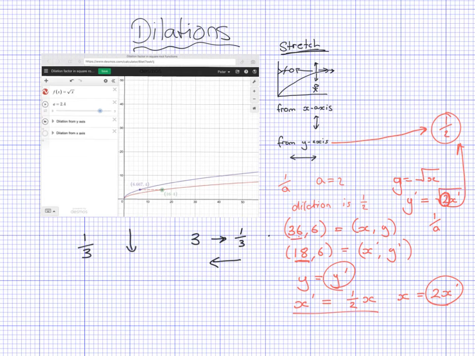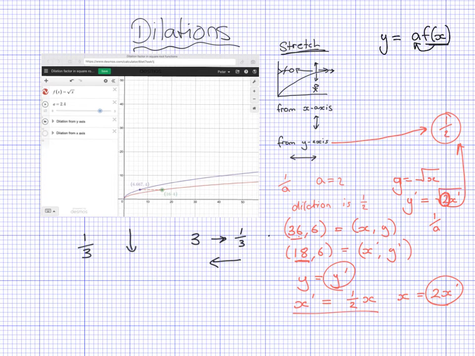All right. So to recap this entire thing, dilation from the x-axis is a vertical change and can be read straight off. It occurs outside the function. So whatever is happening to x happens, and then you multiply it by the dilation factor.